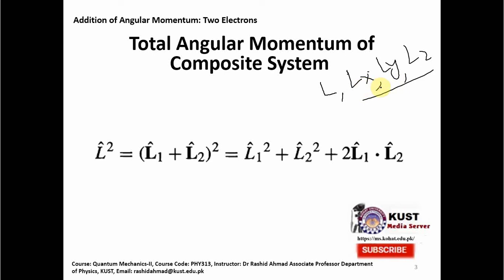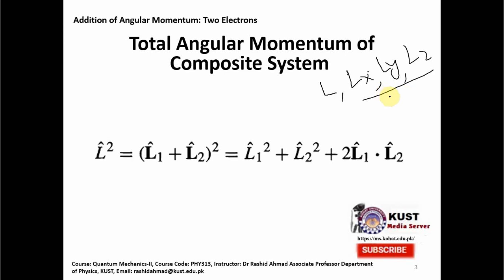Lx is uncertain with Ly because of the uncertainty relationship, Ly is uncertain with Lz, and Lz is uncertain with Lx. So we cannot use the components of an angular momentum to specify the state of a system.